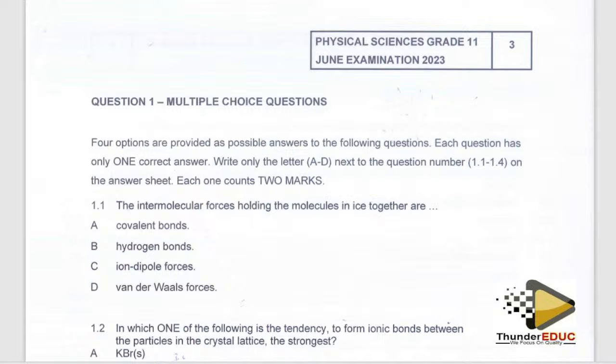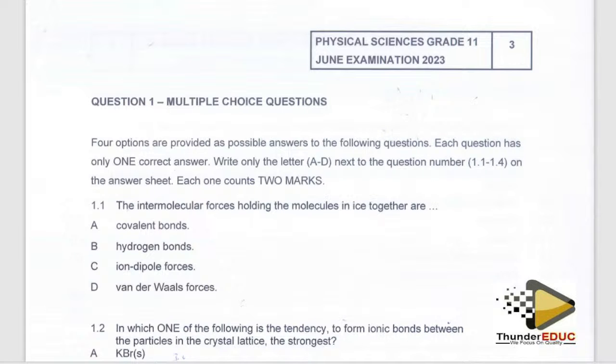Today we are going to be looking at the question paper Grade 11 wrote as their June exam.